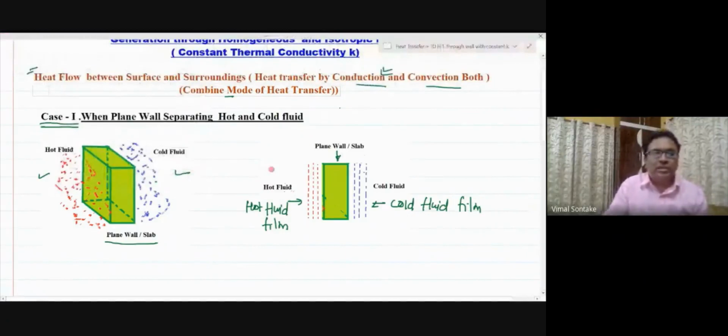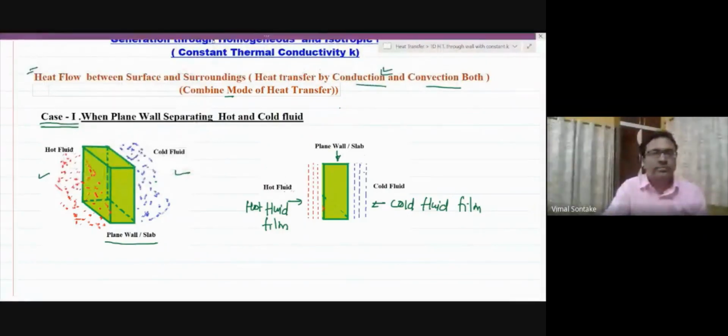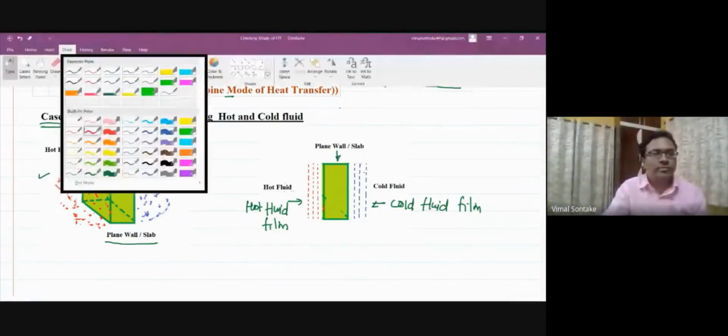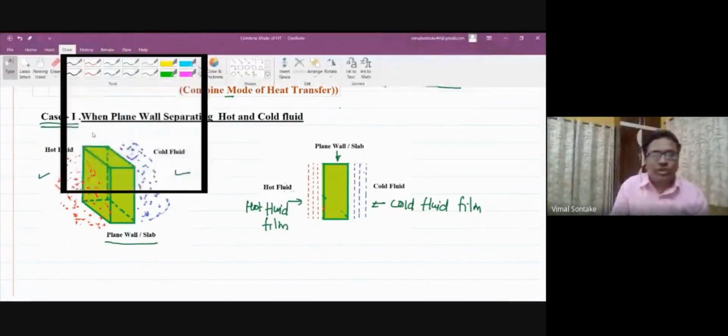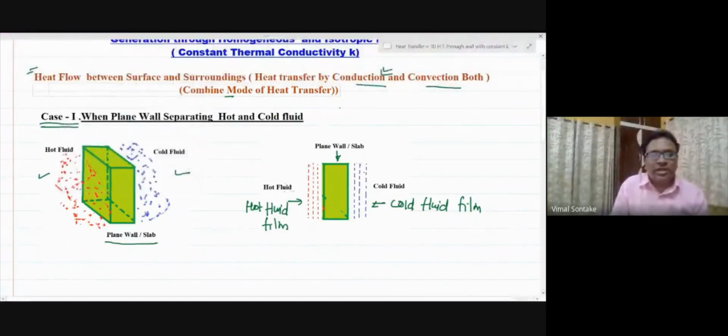Let's say the hot fluid side is represented by the point A and cold fluid side is represented by the point B.